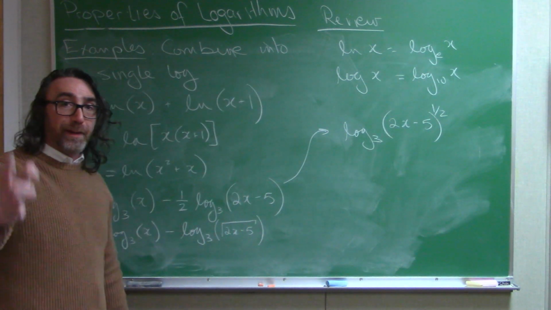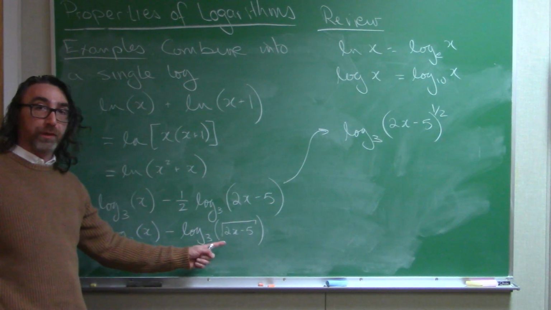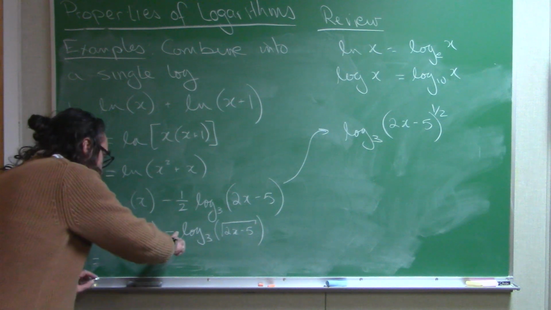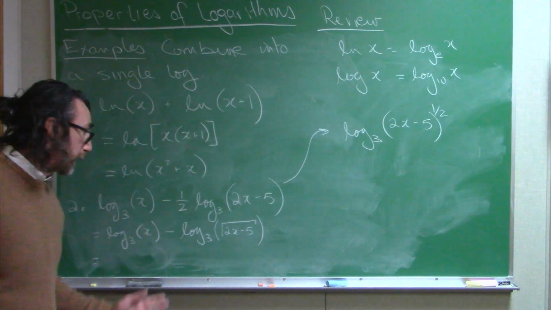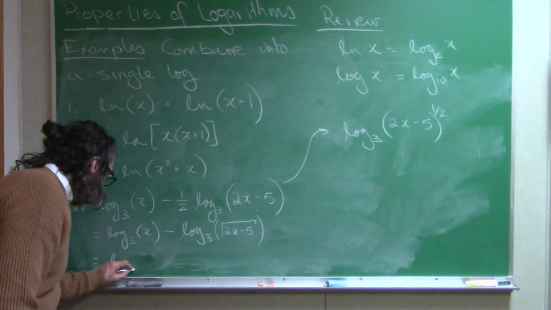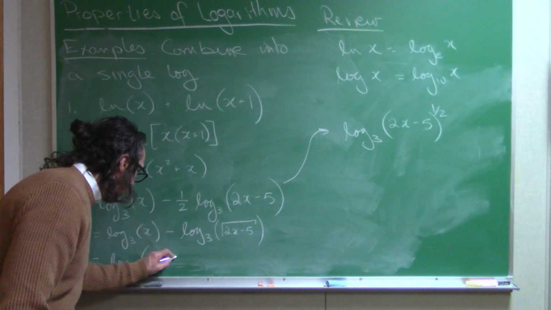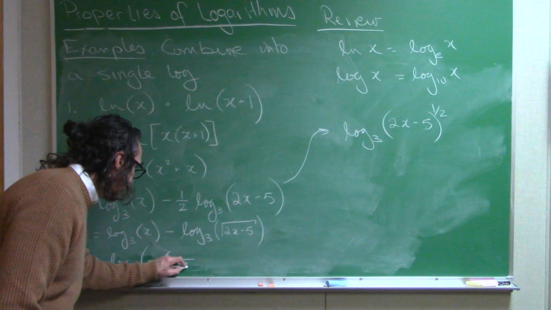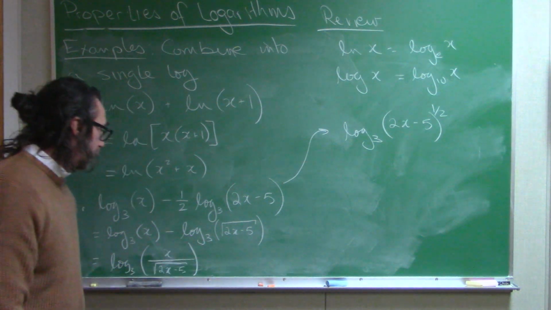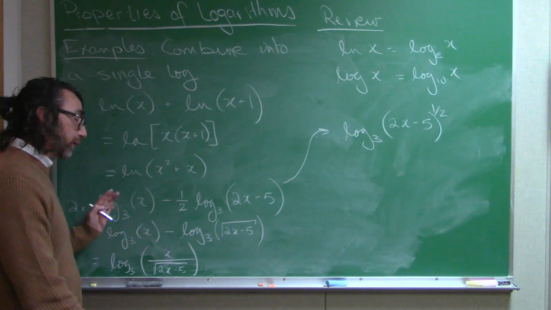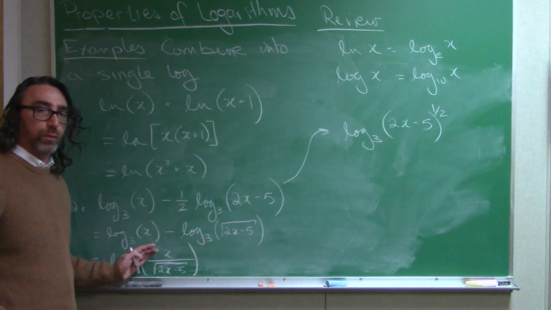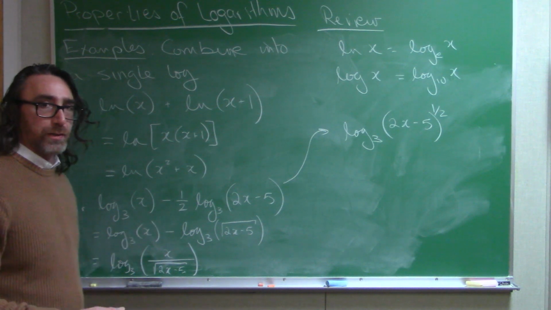And we know what 1/2 power is. 1/2 power is equivalent to the square root. Okay? Now, once that coefficient is out of the way, now I can combine them into a single log. Log base 3 of x over square root 2x minus 5. Okay, close parentheses. So remember, the quotient rule for logs was the rule that involved subtraction.